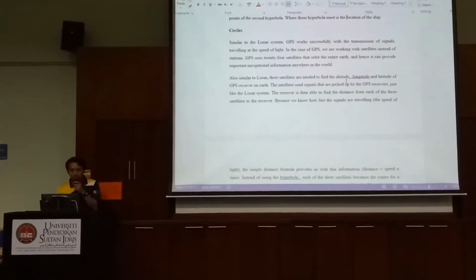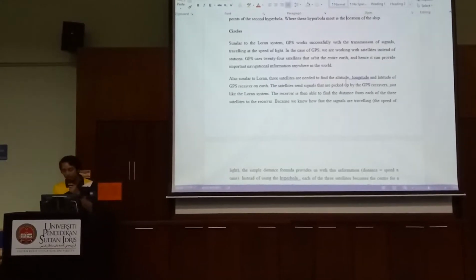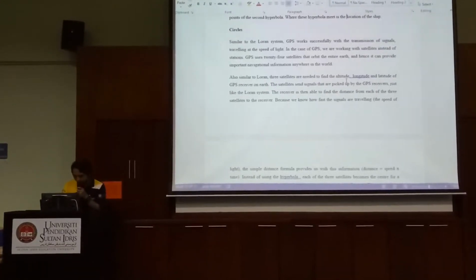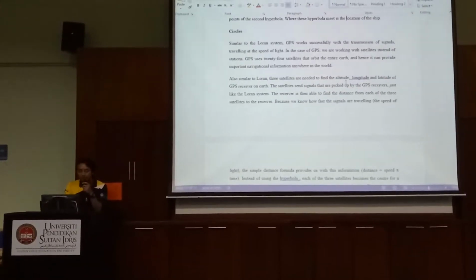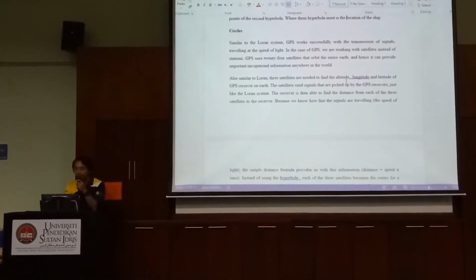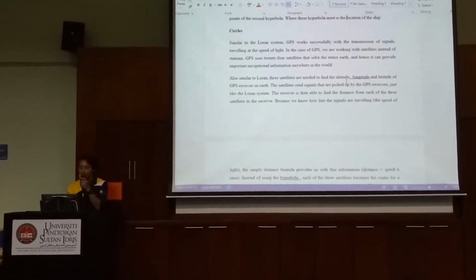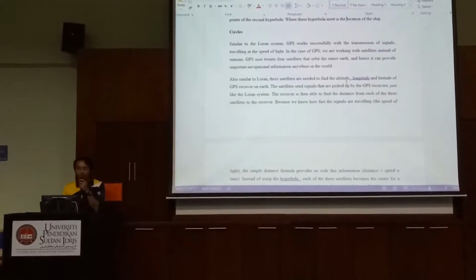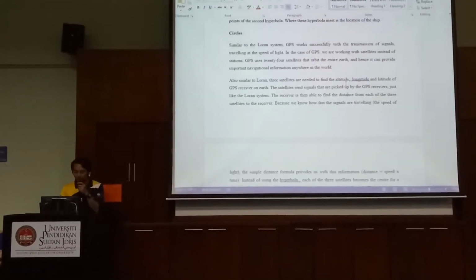Also similar to Loran, 3 satellites are needed to find the altitude, longitude, and latitude of a GPS receiver on the Earth. The satellites send signals that are picked up by the GPS receiver, just like the Loran system. The receiver is then able to find the distance from each of the 3 satellites to the receiver, because we know how fast the signals are traveling, that is the speed of light.